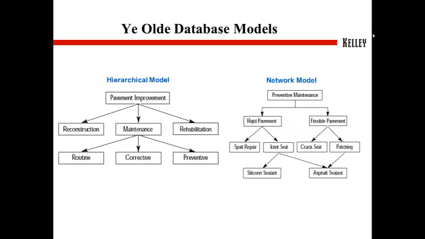It didn't always used to be this way. Back in the 1960s, we didn't have a commercially available relational database model. We had a hierarchical model, and this was developed by IBM, and it was called IMS.